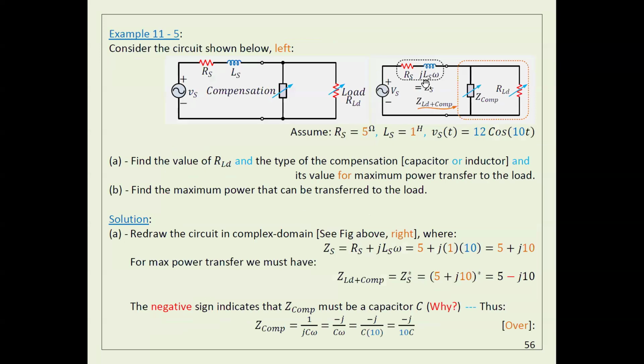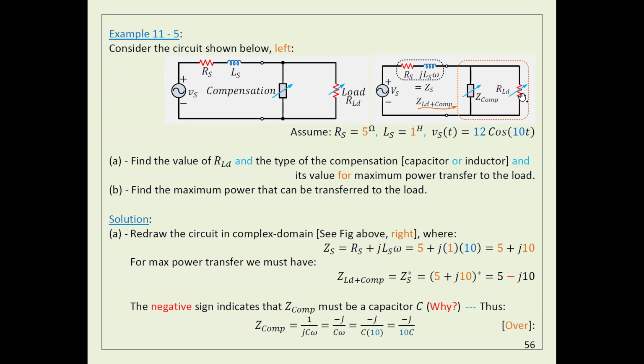This is V7, this is the impedance, and this is the load I have. I'm asking you what should be the value of R and the element I want to add here. Should this element be a capacitor or inductor, and what is its value? What is the value of R for maximum power transfer?